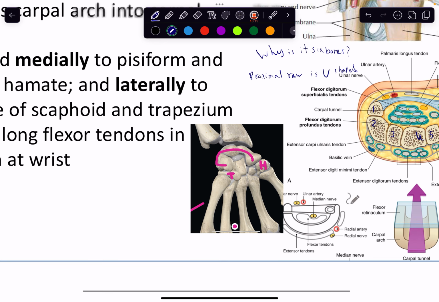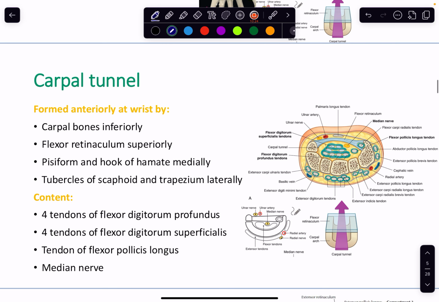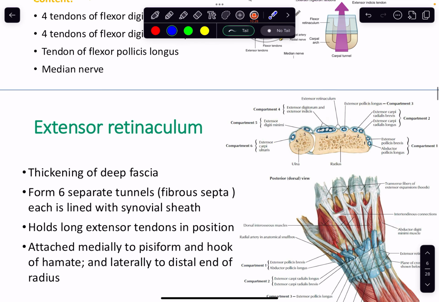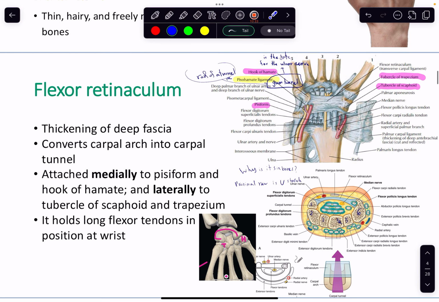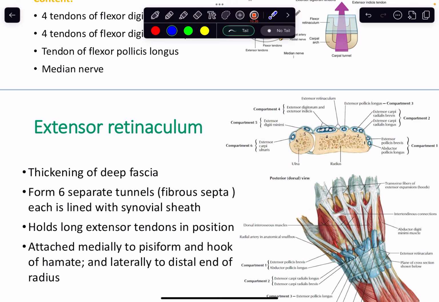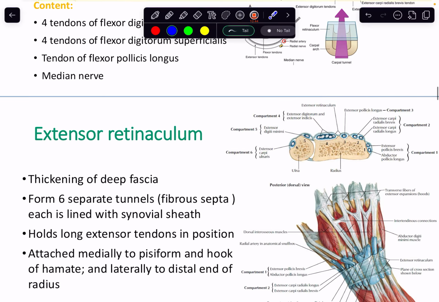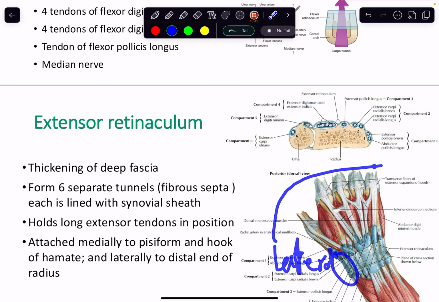But both pictures are oppositely placed in lateral and medial sides. The thumb is here, so this is lateral and the little finger is medial. Here, this is radius and this is ulna. Radius is lateral, so lateral is this, and this is medial. Keep this in mind.